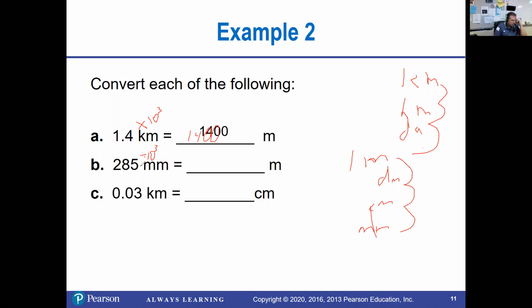If I'm getting bigger, dividing by 10 to that power essentially takes this decimal and moves it to the left 3 places, and you get 0.285.